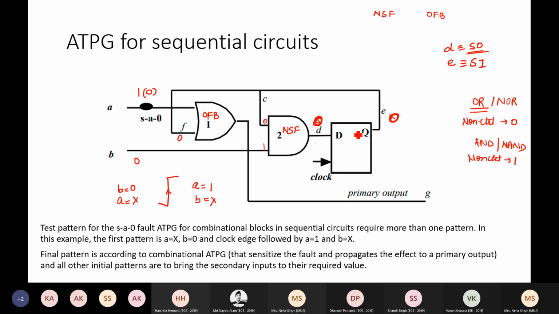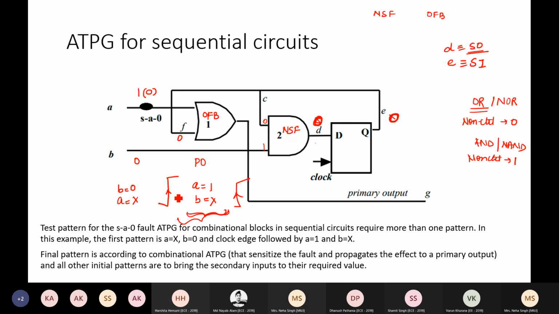During this time, if the value of D changes, that change will be propagated only after the next clock. After this clock, the new value of D will be read. We have not even reached there, because here the primary output has already become observable.